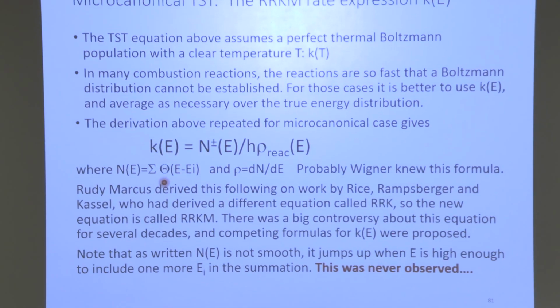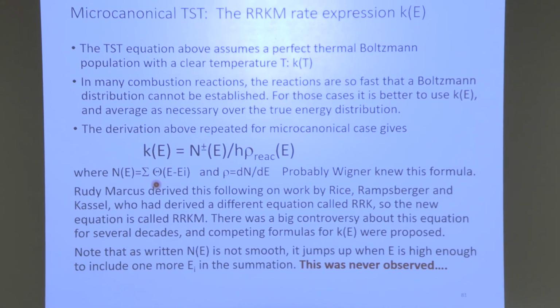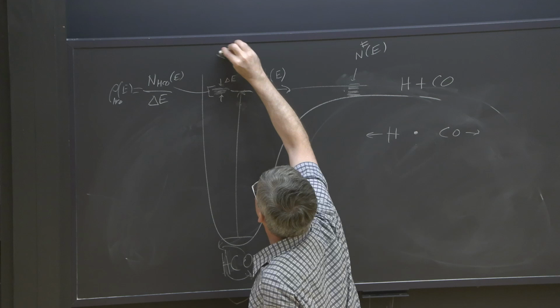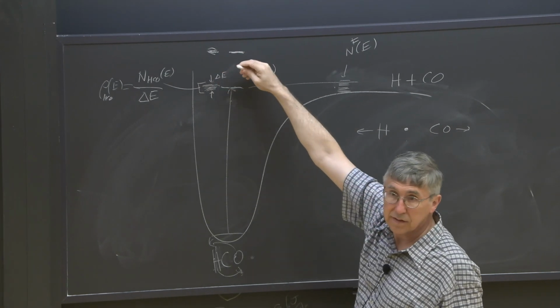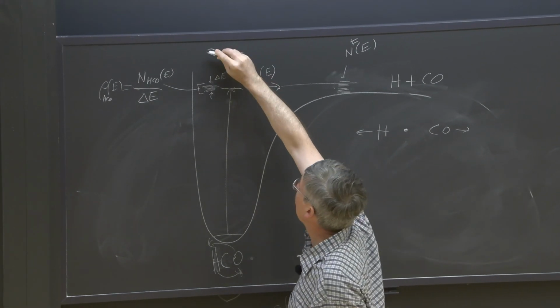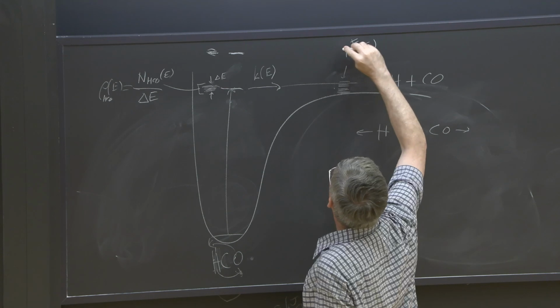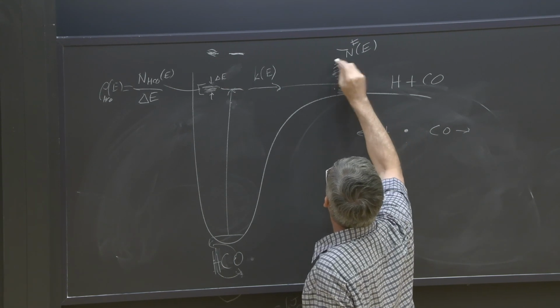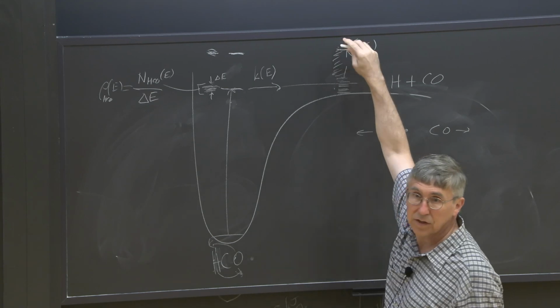What does this imply? If I change the energy, say to some new energy here, there'll be a slightly different density of states because at higher energy there's more states. So there'll be some different rho, but there'll be a wildly different n because now I'm going to add all these states and all these extra ones too, all the way up to this new energy.